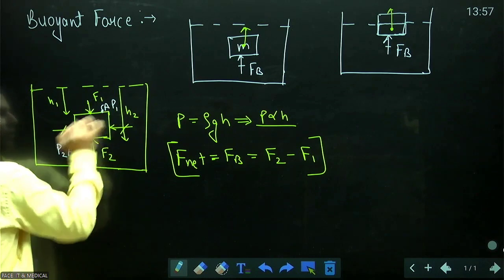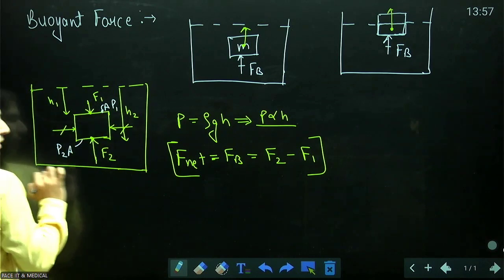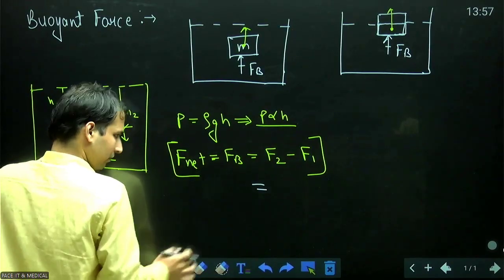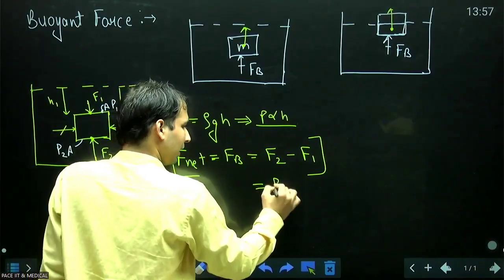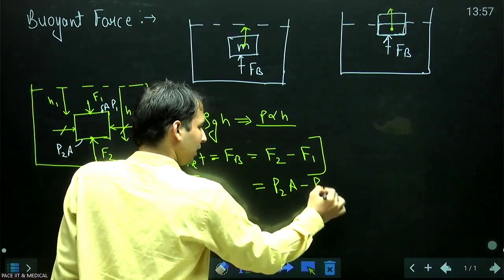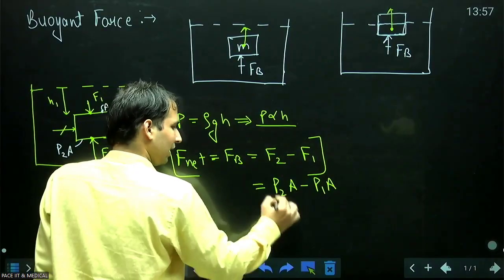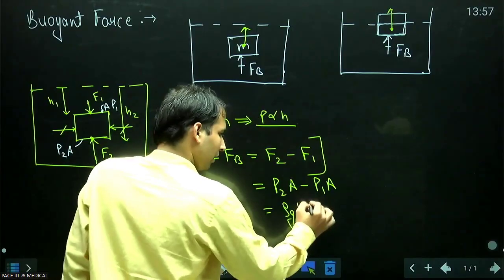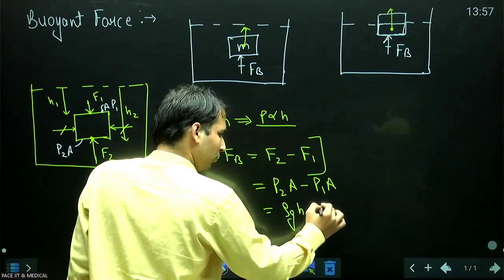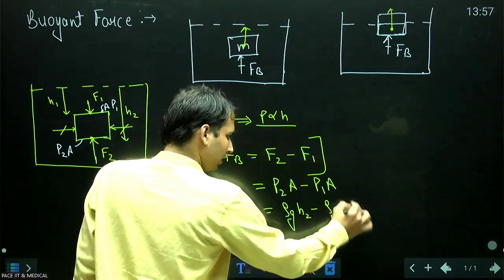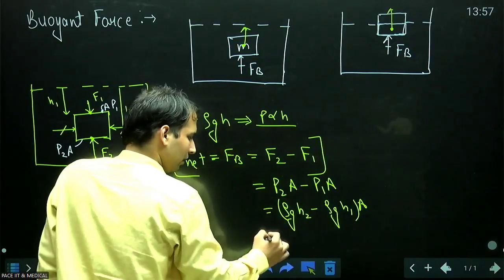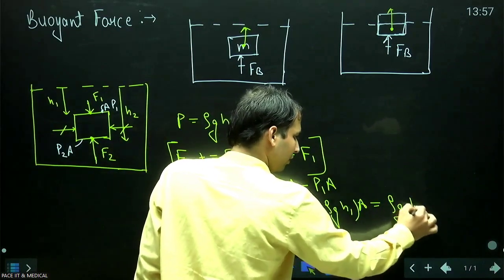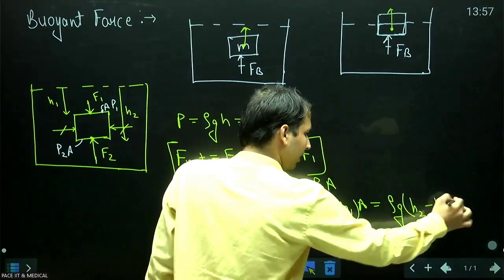So force F1 will be P1 into A and force F2 will be P2 into A. So we can write the buoyant force as P2 into A minus P1 into A, right? Now we can write P2 as rho g h2 and P1 as rho g h1. Solving it, we will get rho g times h2 minus h1 into A.